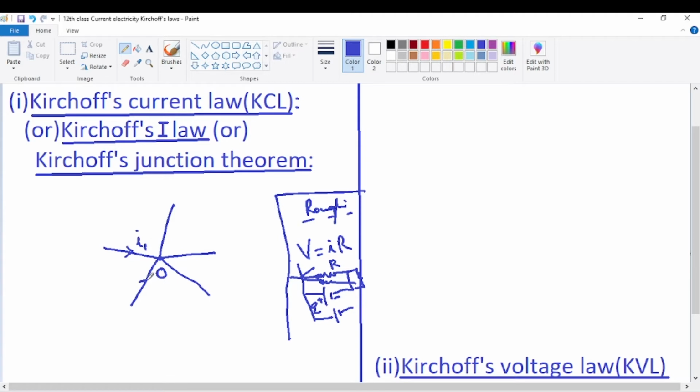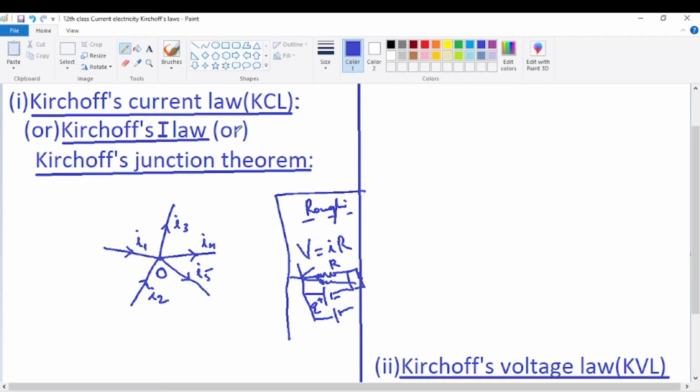In the second conductor, a current I2 is flowing. Now, both the currents, you can see that they are actually flowing towards the junction. And a third current, I3, in the third conductor is actually flowing away from the junction. And next, I4, next, I5. So when many conductors are meeting at a point, the common point where a number of conductors meet is simply called a junction.